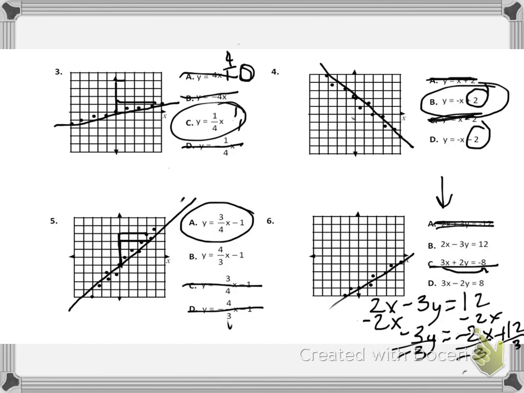And everybody knows what a negative divided by a negative is. It is a positive. So this is a positive 2/3. And 12 divided by a negative 3 is negative 4. Well, this starts at negative 4. The question is, does it go up to the right 3? Well, it does. So there's your answer.